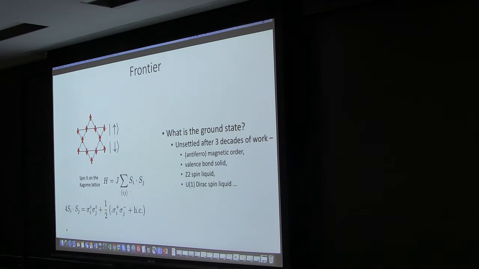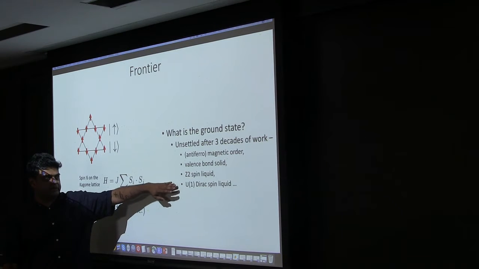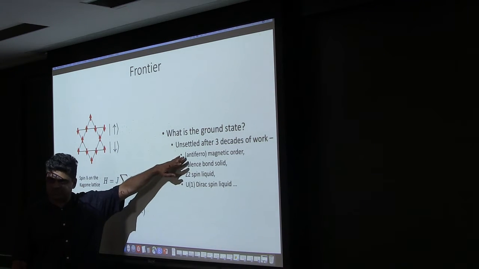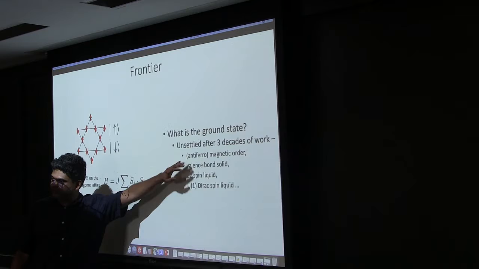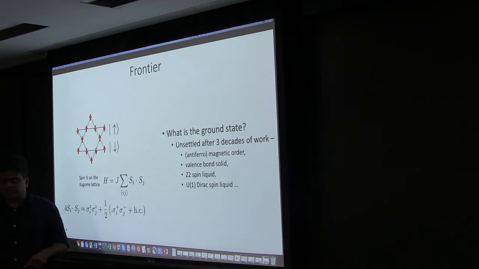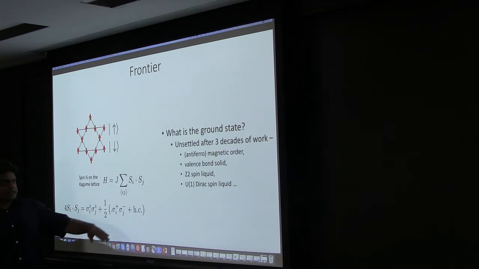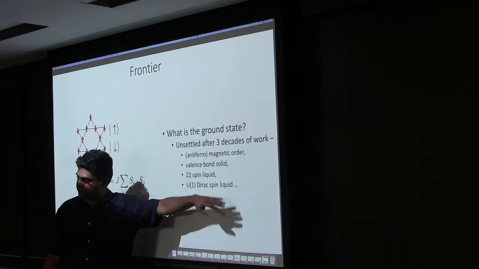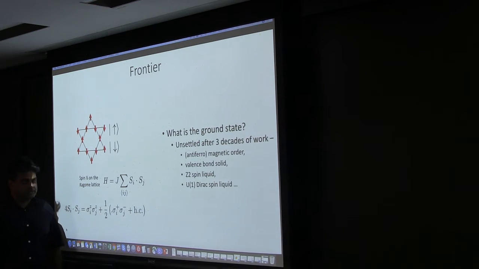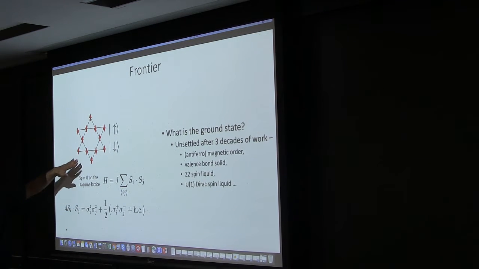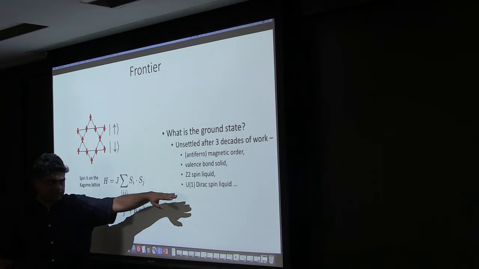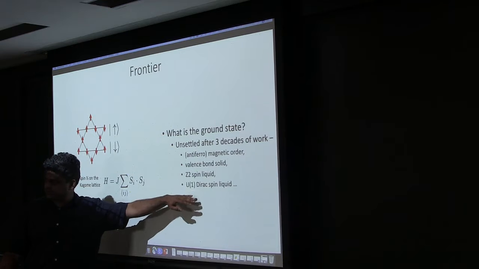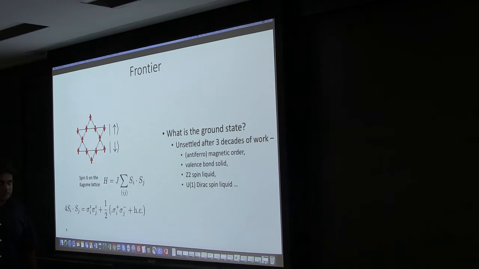And to date, for various reasons, these different states have been proposed, from rather mundane states, really just spins pointing in particular directions, having a very classical feel to them, to things that are very quantum mechanical. For example, the current favorite is this particular state. It's called a U(1) Dirac spin liquid. The effective theory that describes this phase, according to that scenario, is really quantum electrodynamics, the same theory that describes electrons and photons in 3 dimensions.